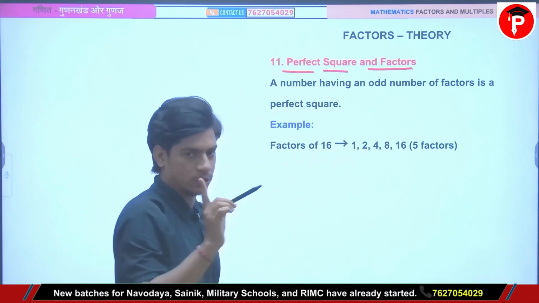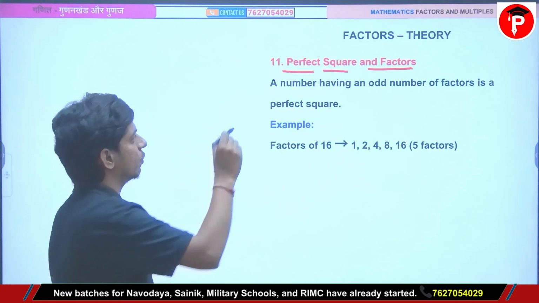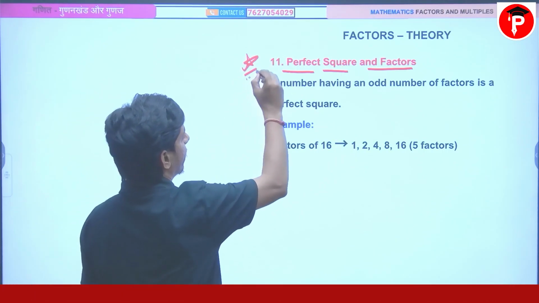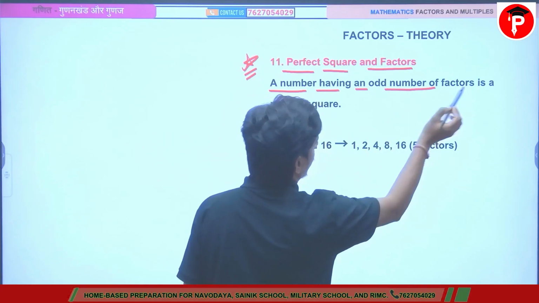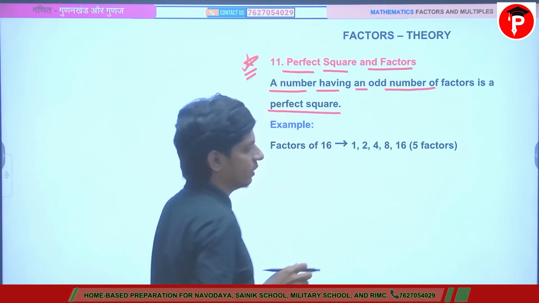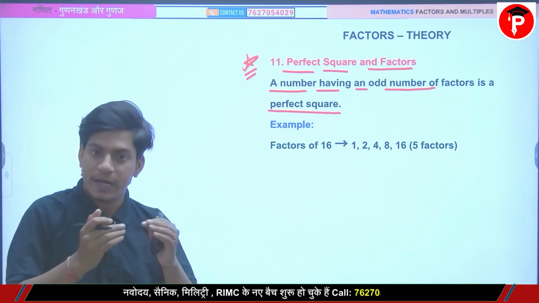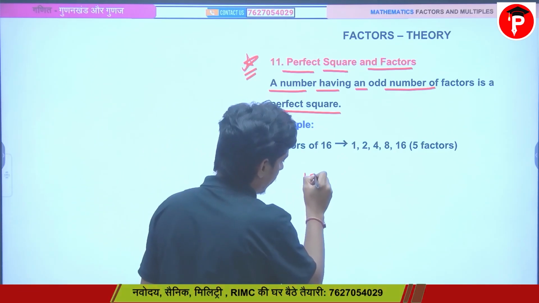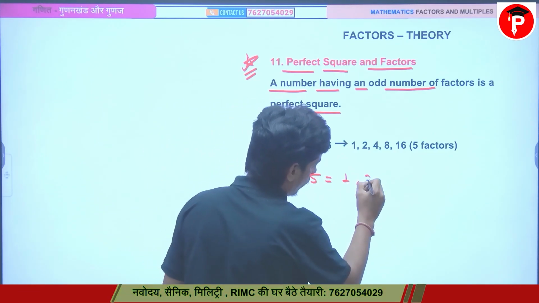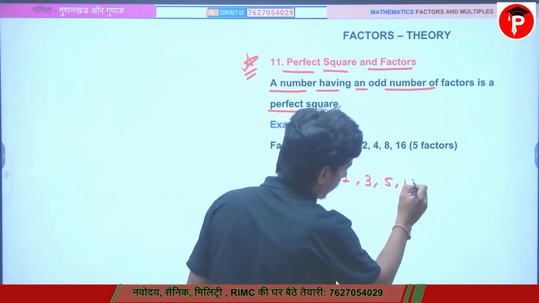One of the most important topics. Most students get confused or trapped in this. A number having an odd number of factors is a perfect square. Suppose we talk about 15, with factors 1, 3, 5, 15.